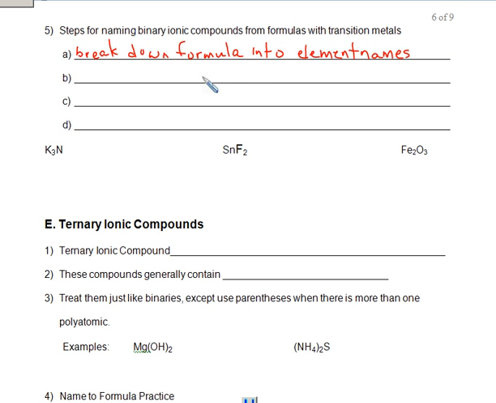So break down the formula into element names. And the second element, the anion, is always going to end with -ide.